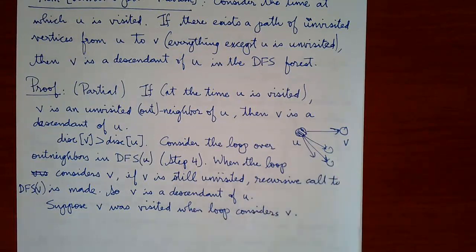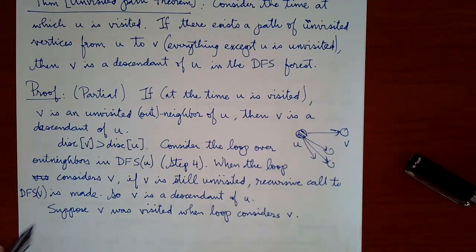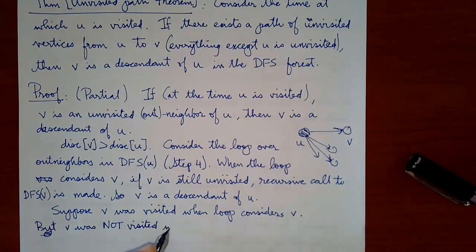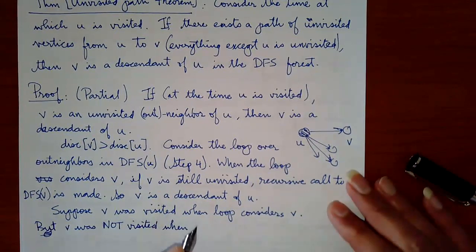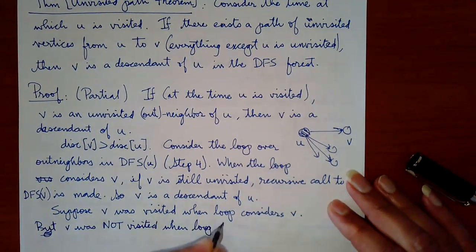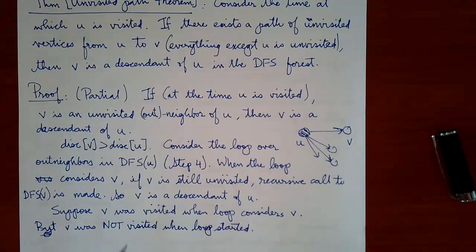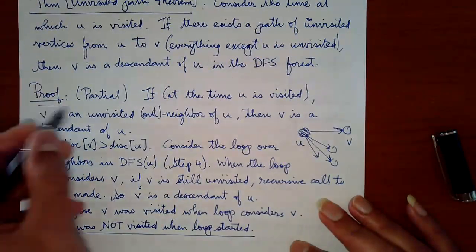So V was visited when the loop considers V. But V was not visited when the loop started, because it was an unvisited out neighbor.